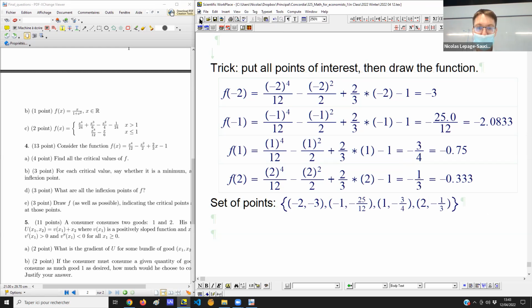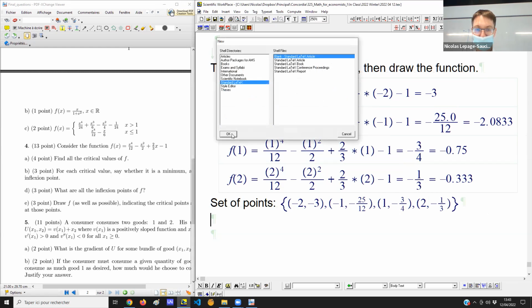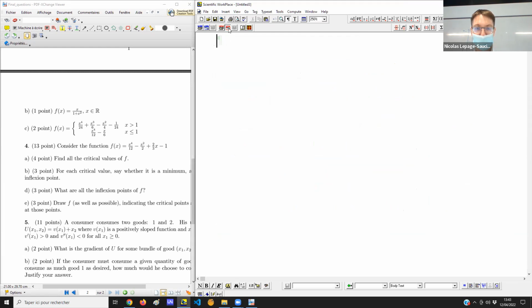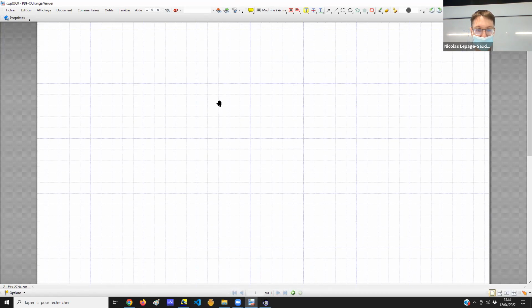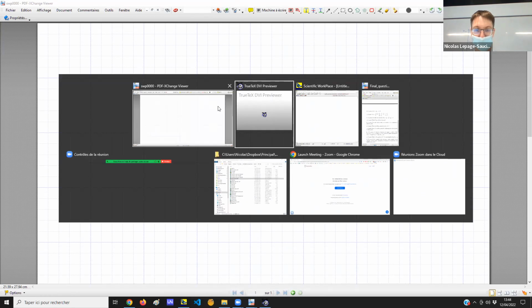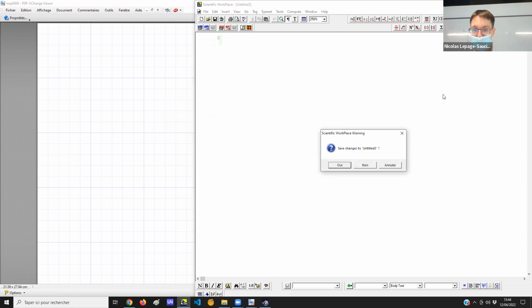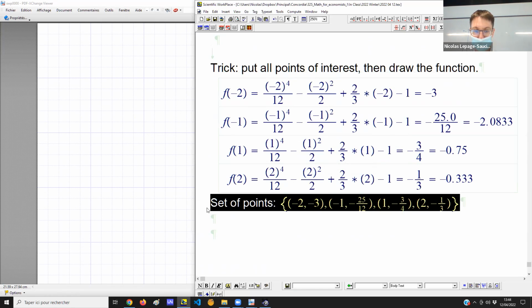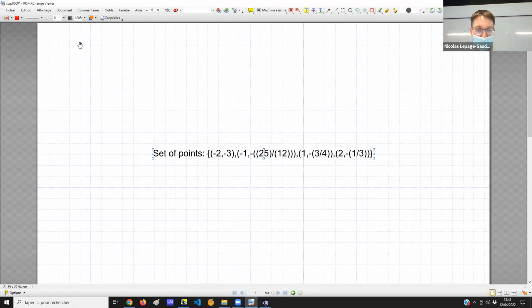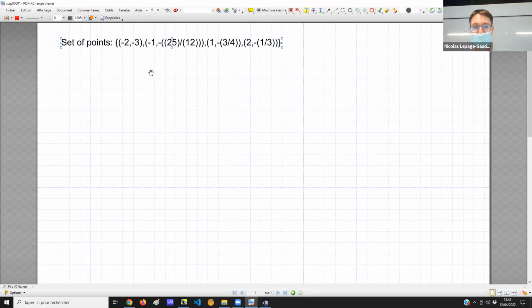Okay, so let's go for it. Plus, I know which are minimum and inflection points, so that should help us.